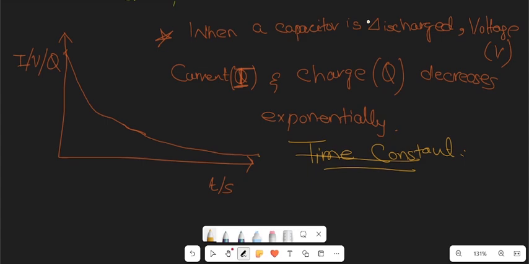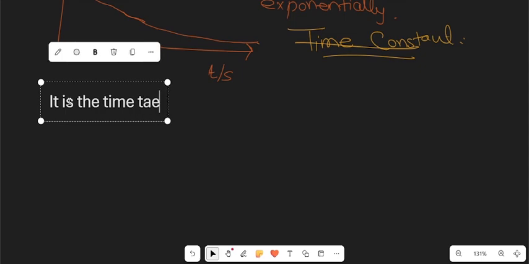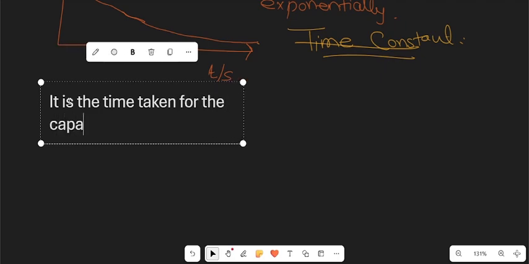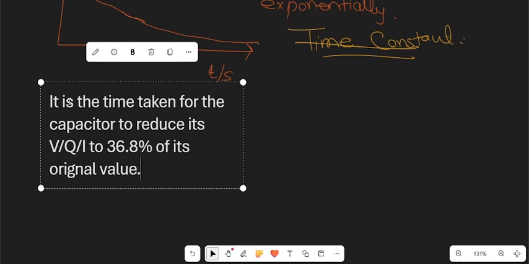Time constant is the time taken for the capacitor to reduce its ratio of V, Q, or it could be I, any of these things that we mentioned above, to 36.8% of its original value. Now let me explain this to you.